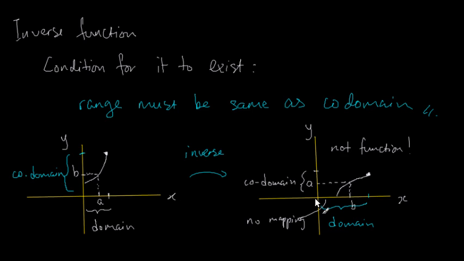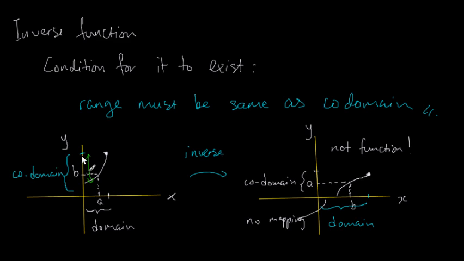And you see the problem. Why? The problem is because there are some values of x here for which there is no graph or no mapping. And if we trace back the reason, it's because my codomain for the original function is actually wider than the range, which just goes from here to here.